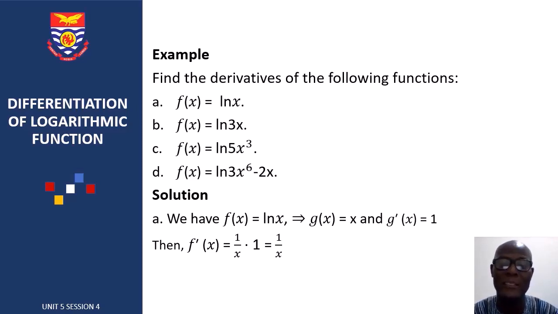So in this case, our derivative of f of x equals 1 over x times the derivative of x. The derivative of x is 1, so we use it to multiply 1 over x, which gives 1 over x.